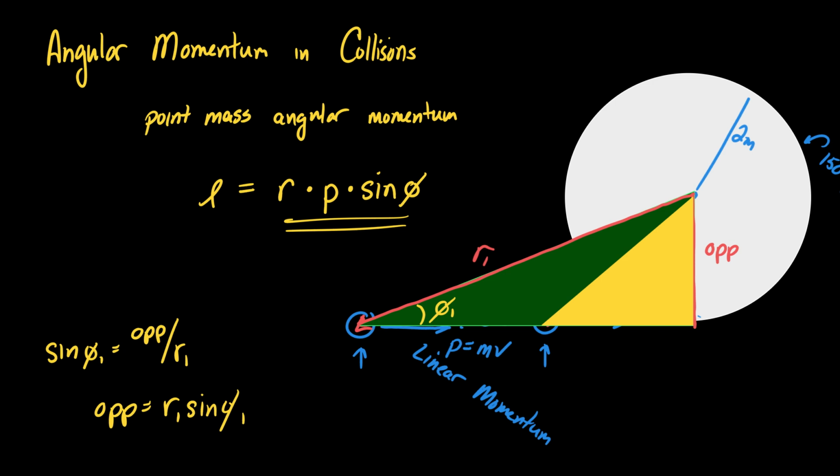Now, I'm hoping you're seeing this, but this has to be R2, and this has to be phi 2. Do you notice that R2 times sine of phi 2 is still going to be the same sized opposite side? So now do you believe me that they change in the same proportion?